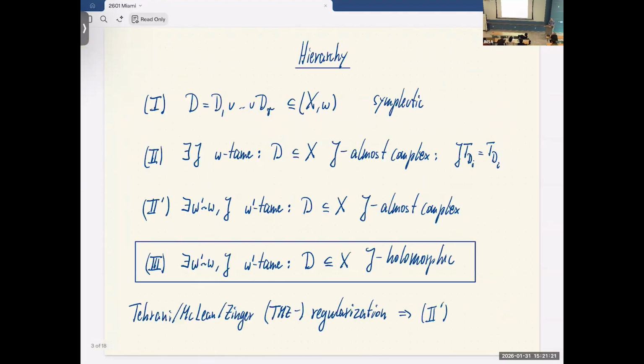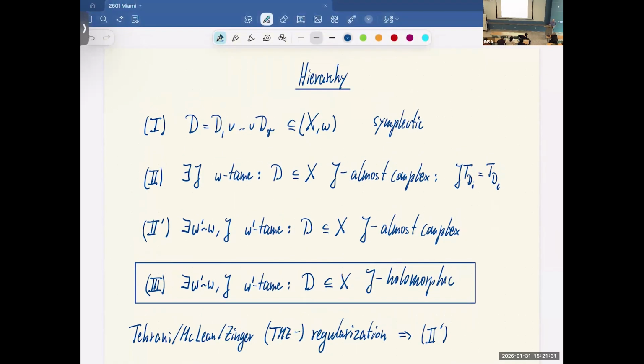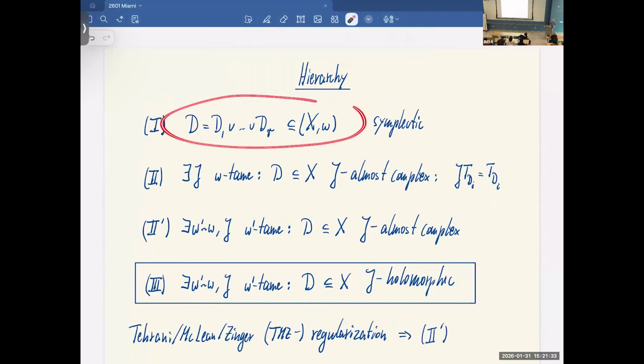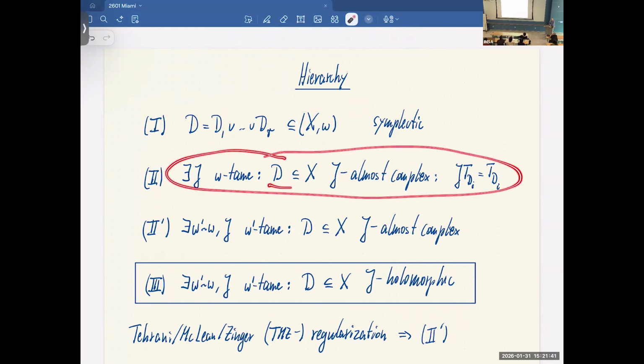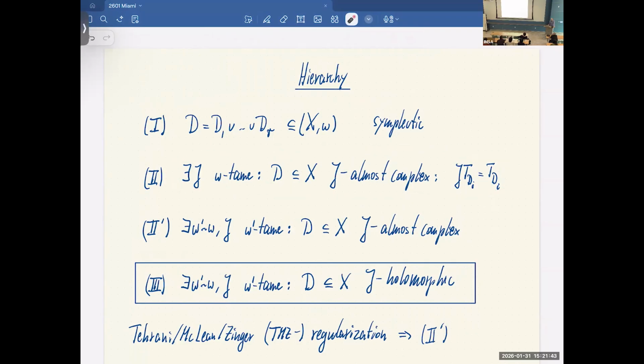Let me, for clarity, explain this hierarchy and how this relates to previous work. The easiest level is to just have this symplectic SNC divisor. Then you could ask, is there maybe an omega-tame J making all of D, all the divisors, an almost complex submanifold?